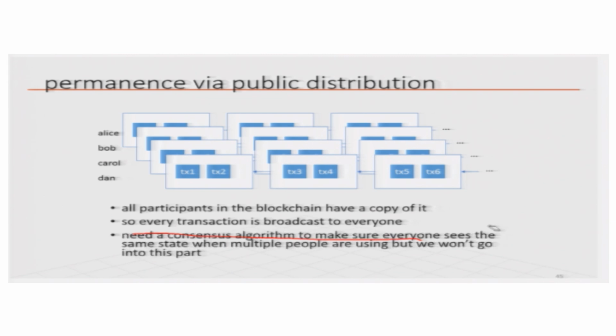So, what I described as this block winning and then being broadcast to everybody, this winning process is called a consensus process, and so there has to be a consensus algorithm.